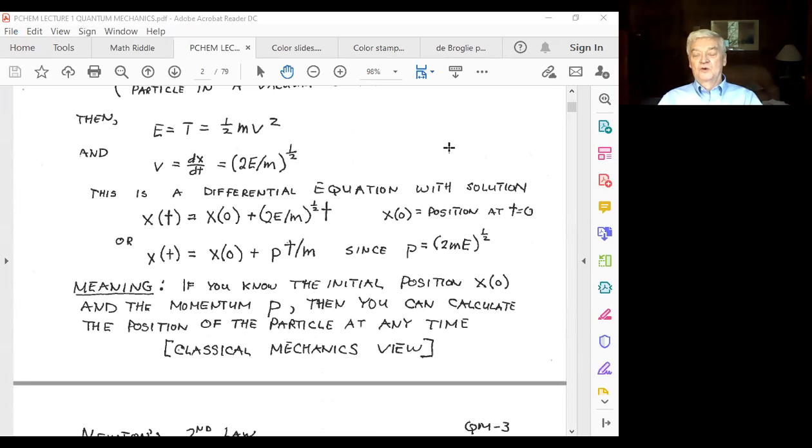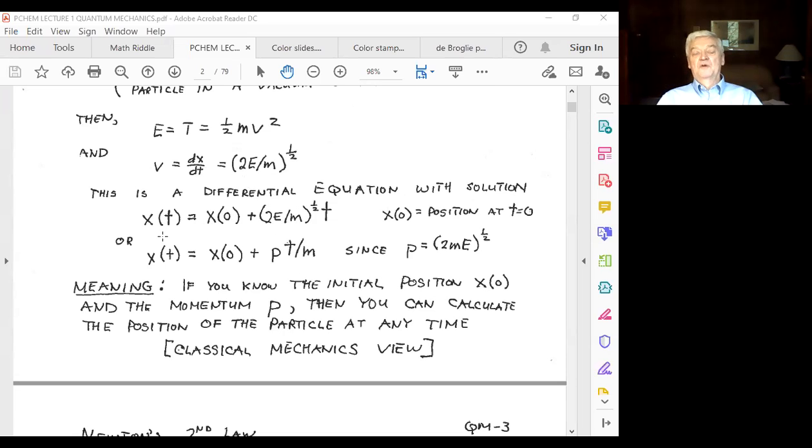I typically won't ask you to solve them, but I may often give you solutions and ask you to show me that the solutions actually work. Anyway, this is a pretty straightforward one, since we have dx equal to this constant times dt. So we integrate both sides, and this is what we get.